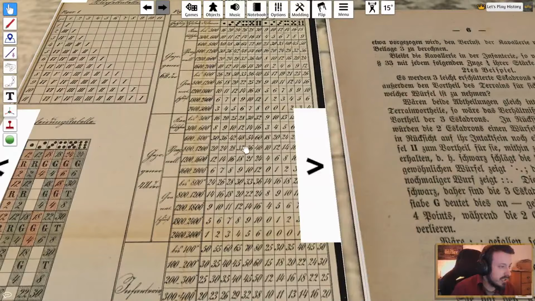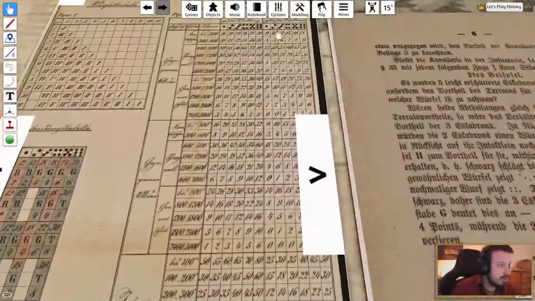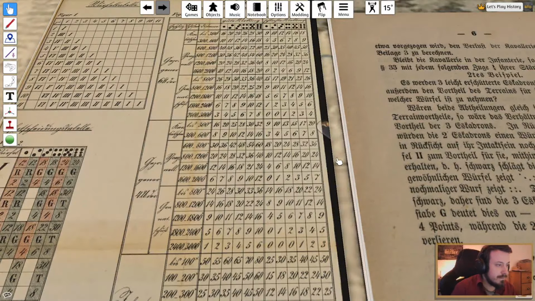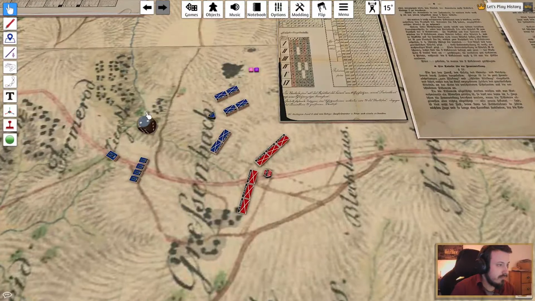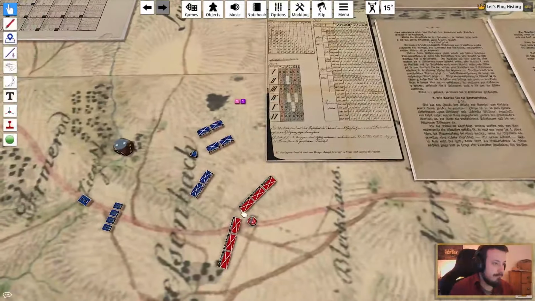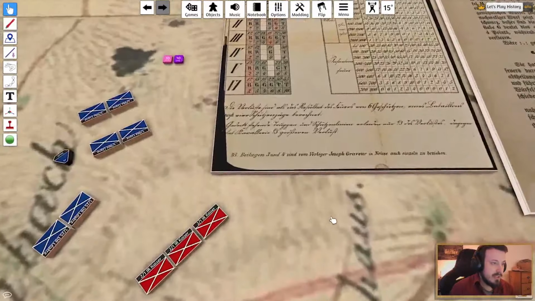So that is to bad effect. We rolled a 2. Bad effect, 2. That's 12 points of losses. Could have been much worse. And that's how you adjudicate artillery fire. Very easy, right? You only have to cross-reference these sort of things.